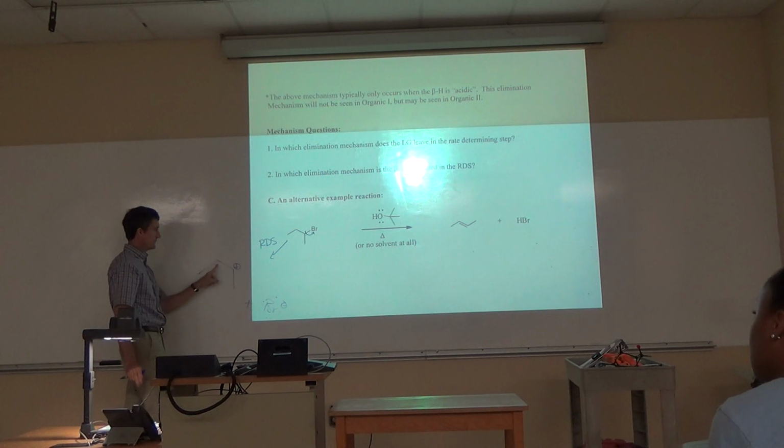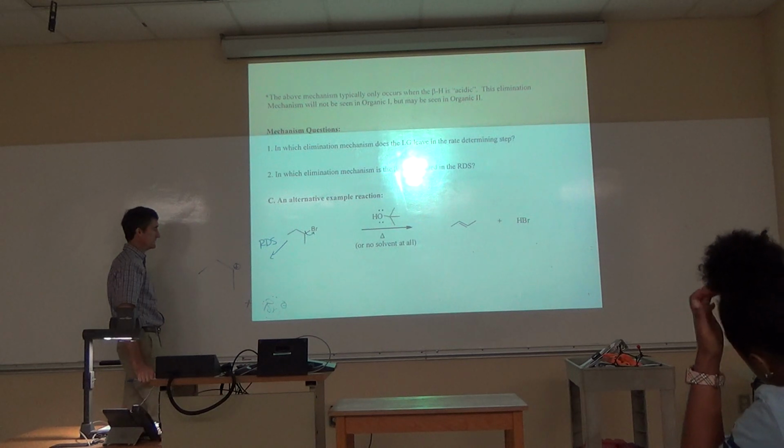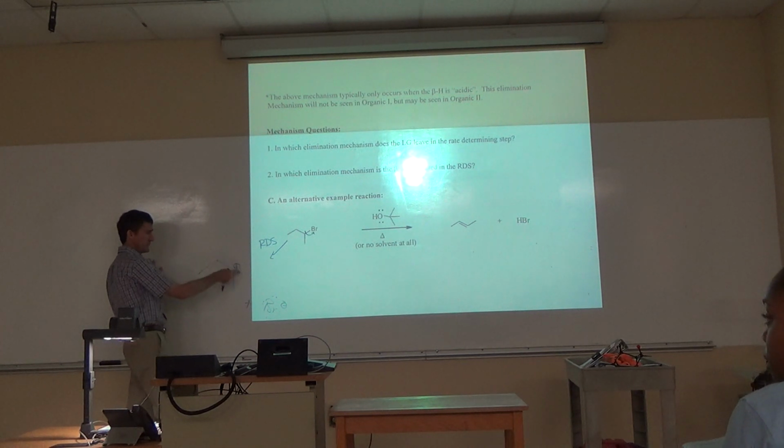A hydride shift from here to here? No, that would just form another secondary cation. Carbocations are prone to rearranging, but there's no rearrangement here. And if you did do a hydride shift from here to here, it'd be the same cation. Cation here and cation here is the same exact molecule.